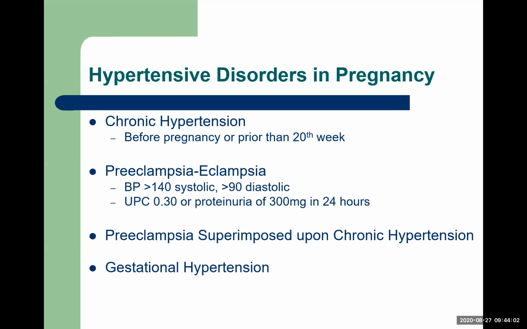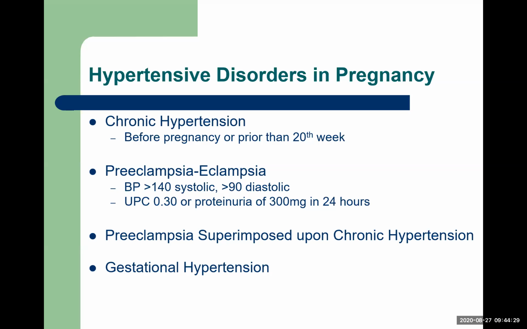Those patients that develop hypertension during the pregnancy are going to fall either into preeclampsia, eclampsia category, or gestational hypertensives. So preeclampsia requires a blood pressure of greater than 140 systolic or greater than 90 diastolic, at least 4 hours apart, as well as proteinuria, which can be diagnosed with a UPC of greater than 0.3 or greater than 300 milligrams in 24 hours.